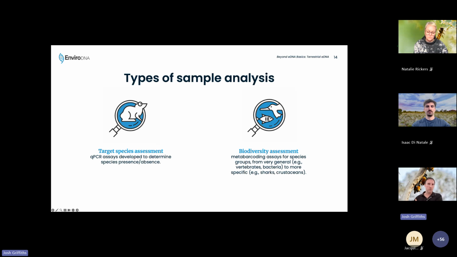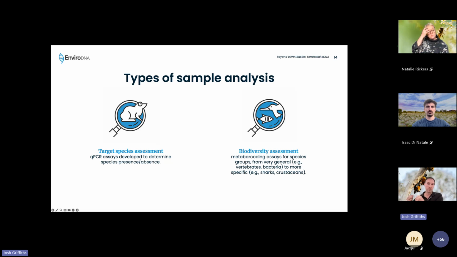On the other hand is what we call our biodiversity assessment, and this is through a process called metabarcoding. And if our target species is like a call playback survey, our biodiversity assessment is like putting out an acoustic monitor in a forest and just letting it record everything for a day or so, and then using, say, AI or an algorithm to detect all of our known species of interest from that recording.